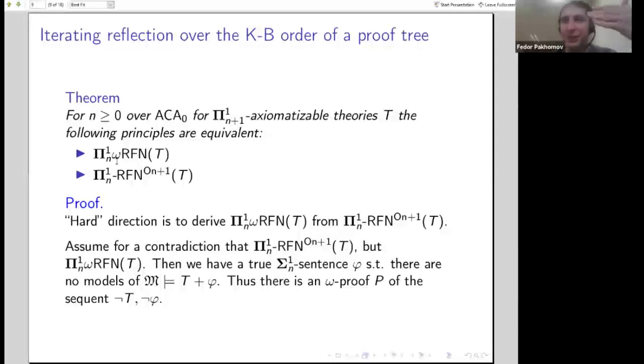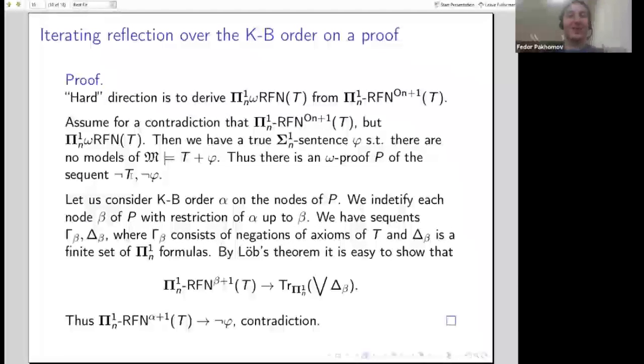And then what we want to do, in our case, is iterate reflection along the Kleene-Brouwer order of this omega proof, and prove a certain connection between partial iteration, so iteration along a certain point in our proof tree, and the sequent at this point. So it's the proof in the next slide.